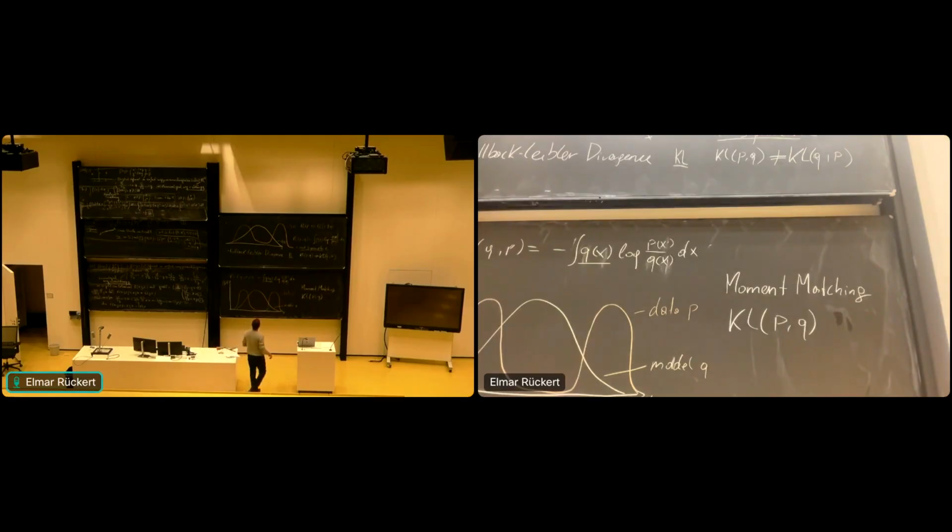And you weight it by P of x, which means each of these samples here have high weight. Same here. They are very important. Maybe my sketch is not the best. Probably your model Q would cover a larger area, but it would be the average.